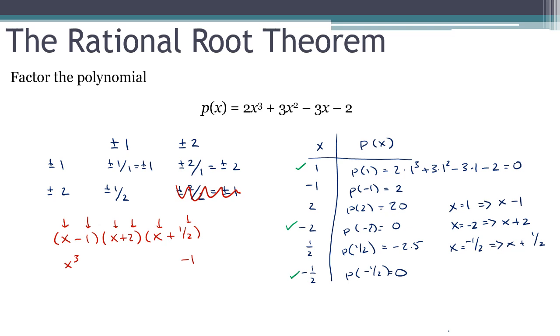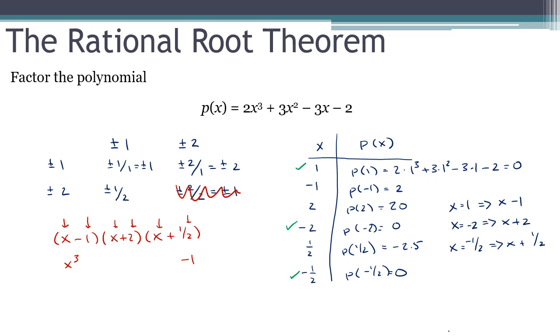Remember that our rational root theorem says the coefficients have to be integers, and that 1/2 is what's messing the whole thing up. All right, so what I'm going to do is take my factorization here, and say, look, I got an x to the third, I need a 2x to the third.